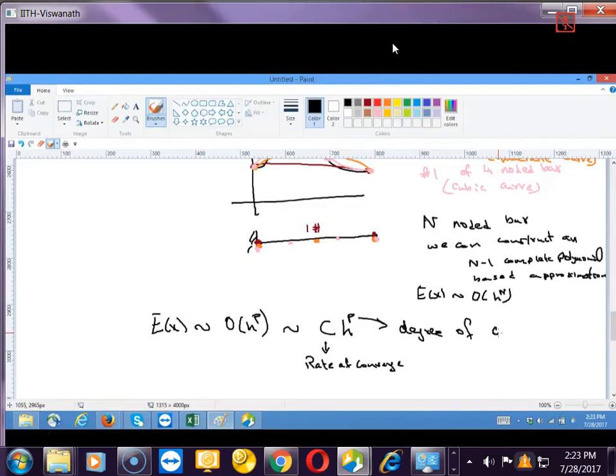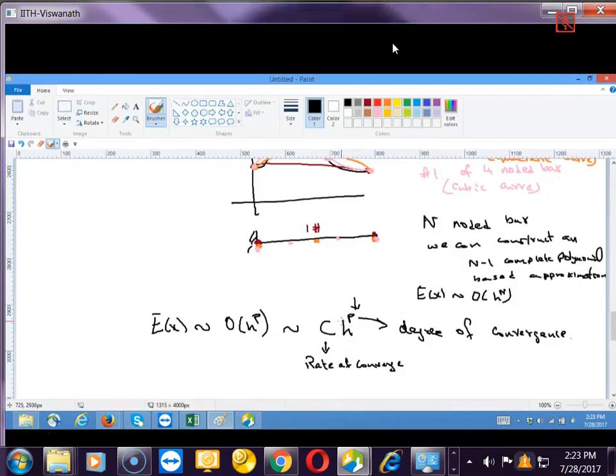So you can increase this p by choosing a higher number of noded element. So that is called p convergence. So either using h convergence or by p convergence, one can obtain a closer approximation to your exact solutions.